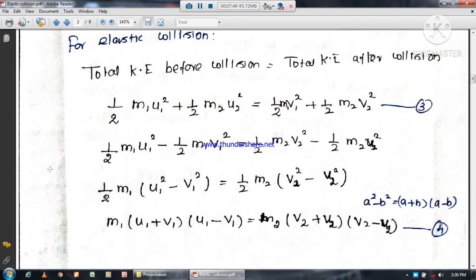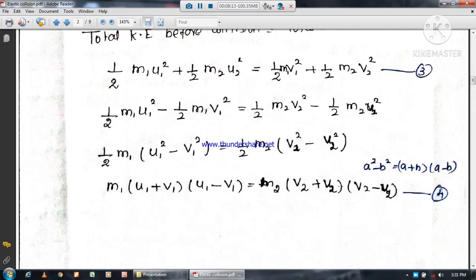Now here 1 by 2 m1 is common, so you take this outside. So 1 by 2 m1 into u1 square minus v1 square is equal to, here 1 by 2 m2 is common, so you take this outside, 1 by 2 m2 into v2 square minus u2 square, right? Here u1 square minus v1 square, you expand this term.